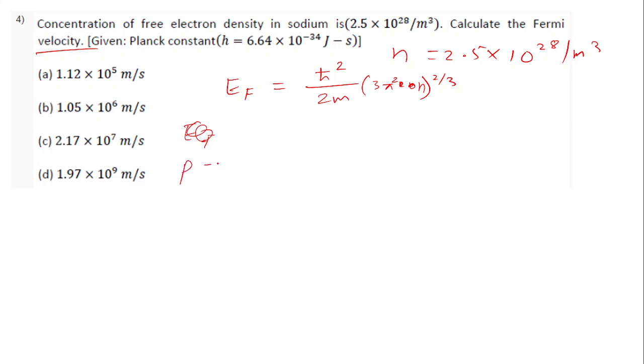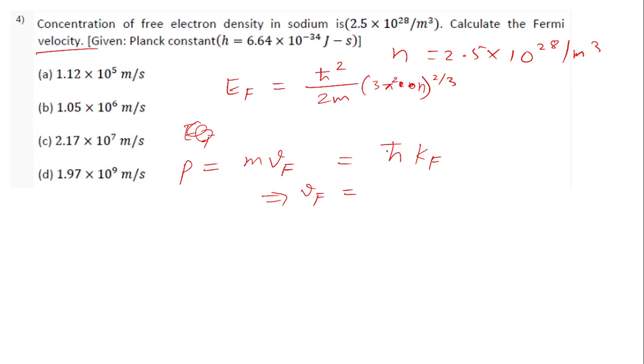So we know momentum is mass times velocity, and here since it is Fermi velocity, this is the relation. Now also we know this is equal to h bar kf, where kf is the wave vector. So from here we can see that Vf, which I need to find out, I don't need to include this directly.